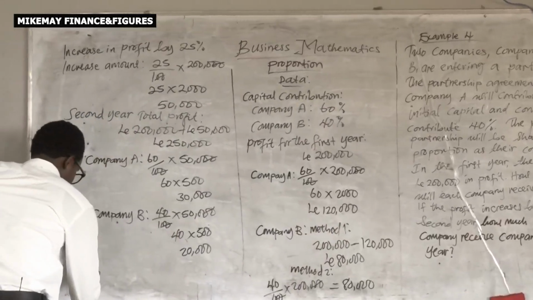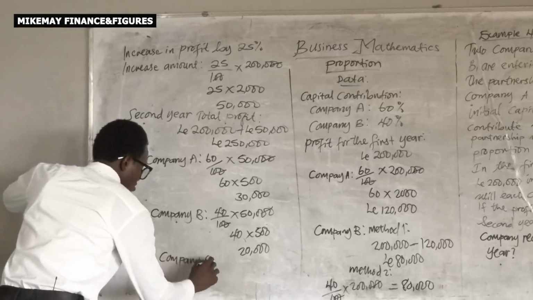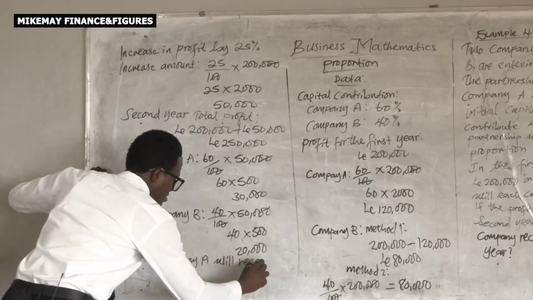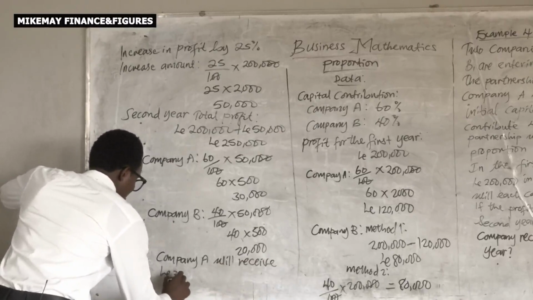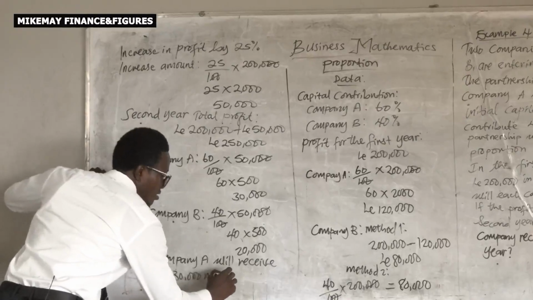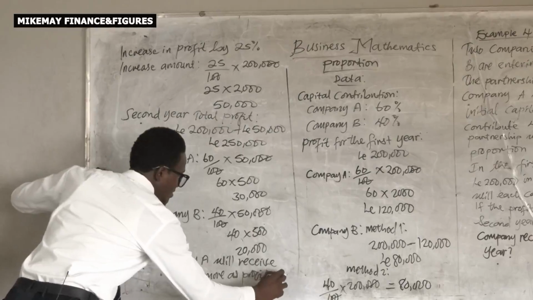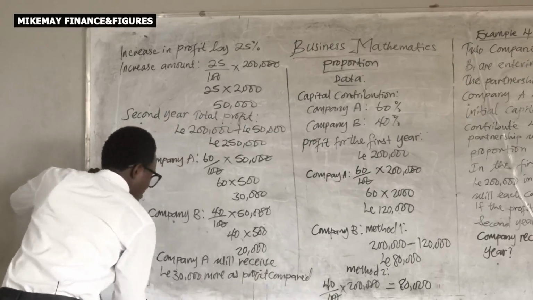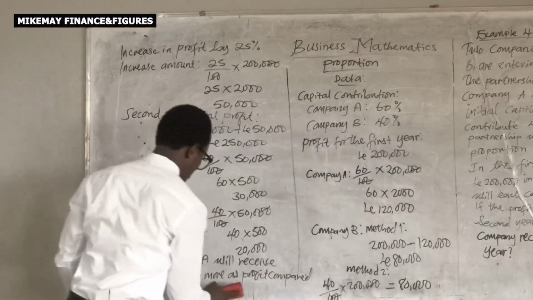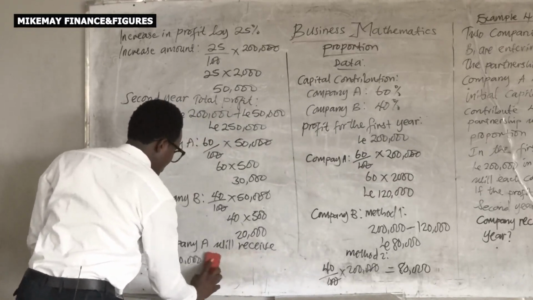So therefore, let us summarize, company A will receive 30,000 more as profit compared to the first year. Let's also figure out how much company B is receiving.